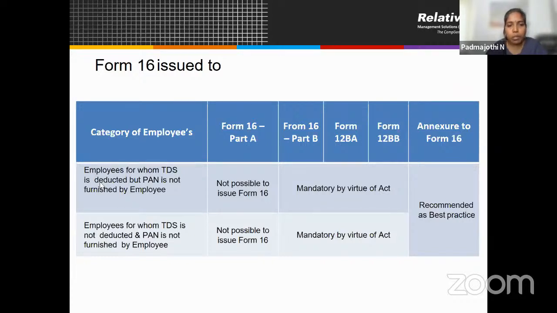Otherwise, we will not be able to generate the Form 16. So it is not possible to issue the Form 16 for PAN not available cases. Part A is not possible, but Part B and other forms you can generate from your payroll software, and you can issue the same to those employees so that they can have it as a record.